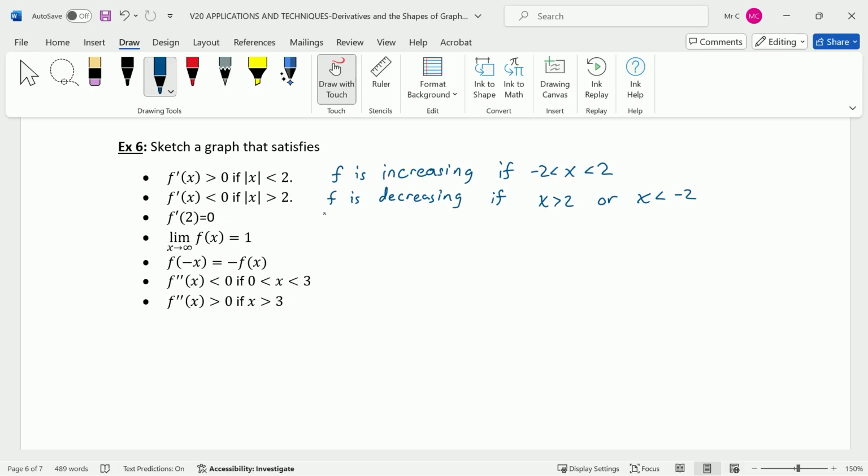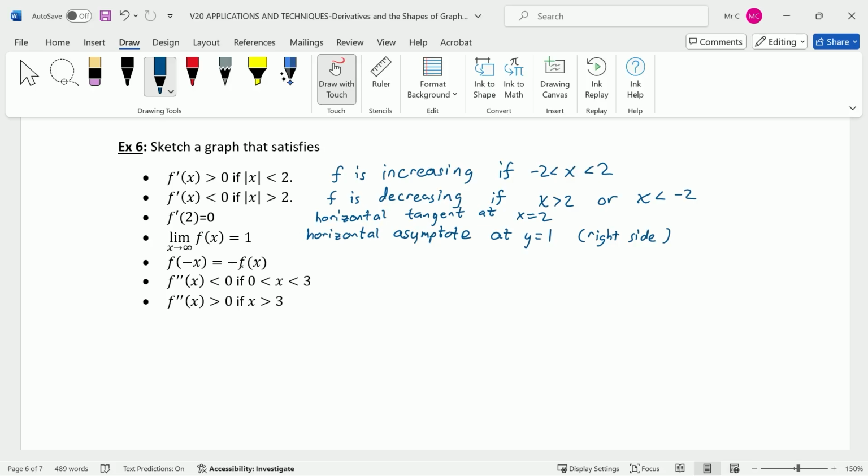F prime of 2 is 0. This means a horizontal tangent at x equals 2. The limit as x goes to infinity of f of x is 1, means a horizontal asymptote at y equals 1, and specifically on the right side of the graph, because x is approaching positive infinity.